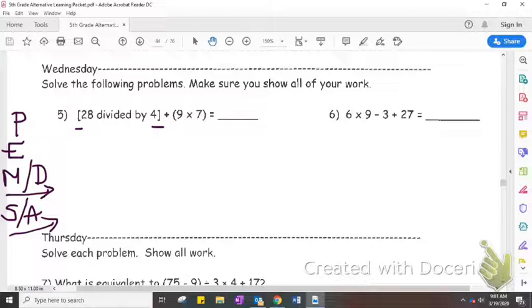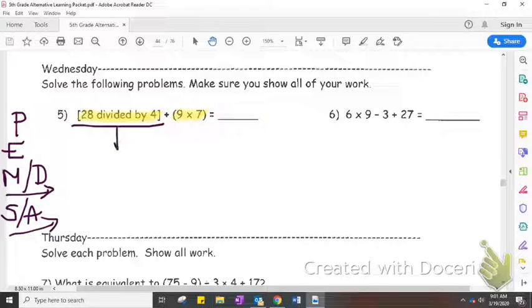But I see two things in parentheses. 28 divided by 4 and 9 times 7. Which one are we going to do first? Okay. The one that we're going to do first is this one, because it's the one that's on the left. When we're doing order of operations, we always go from left to right.